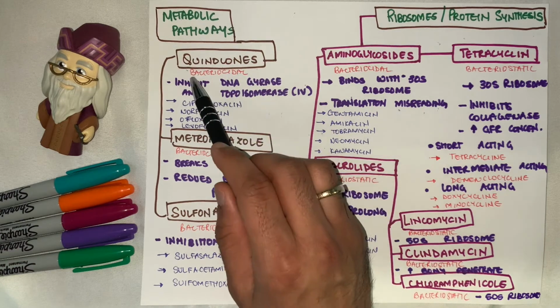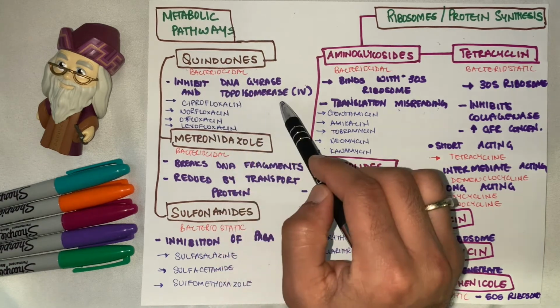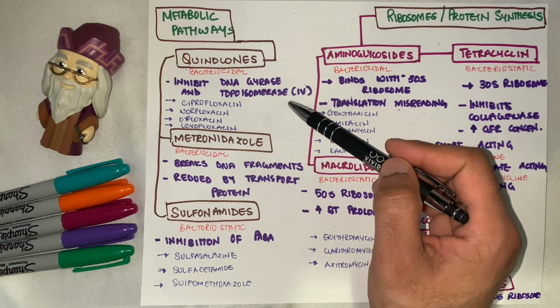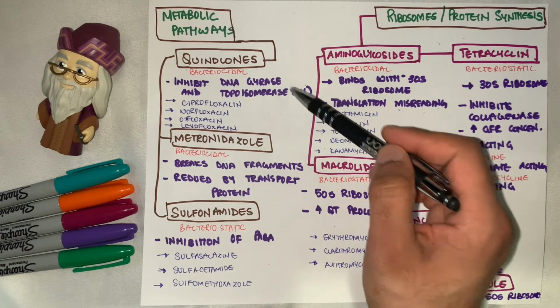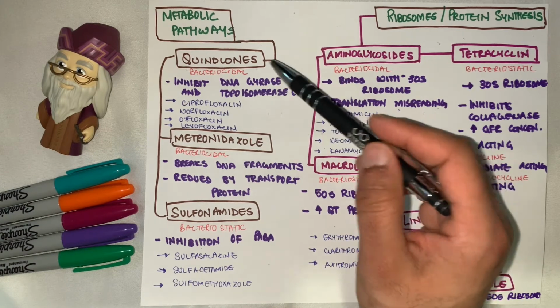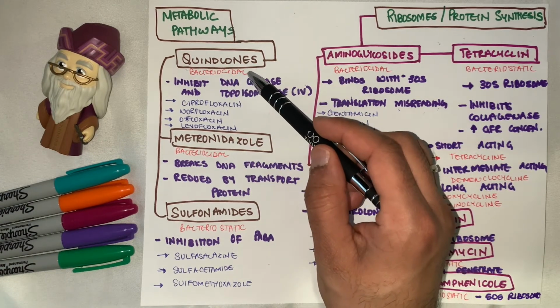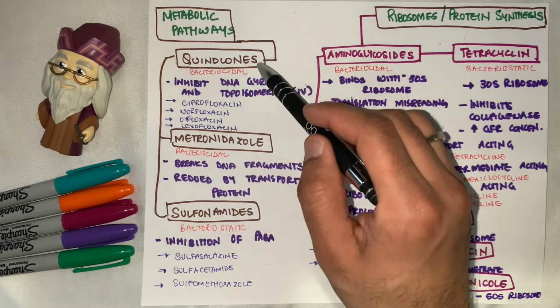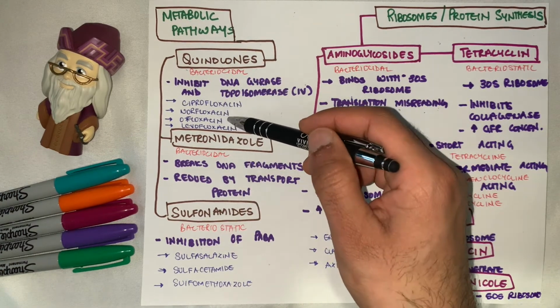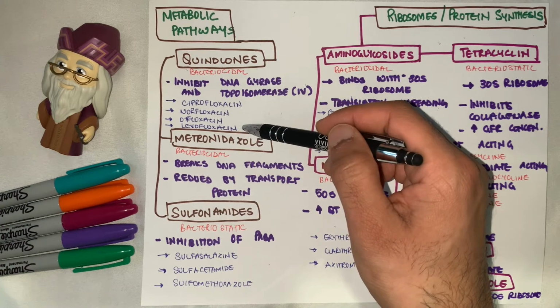But quinolones will inhibit that, which means the bacteria will be born mutated or it'll be born and die instantly. It kills the actual function of the bacteria and then it kills the bacteria itself. So the drugs under quinolones are ciprofloxacin, norfloxacin, ofloxacin, and levofloxacin.